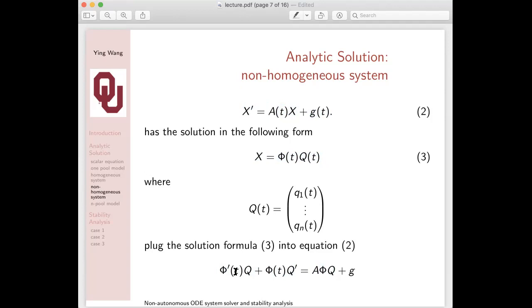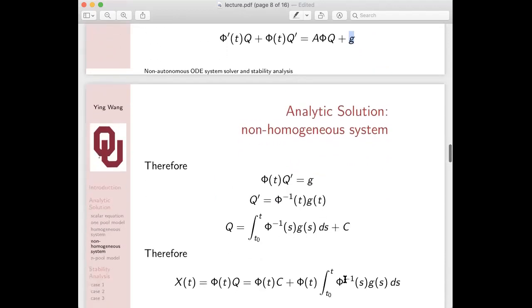And now, remember we said that since phi is a fundamental matrix, therefore phi satisfies the homogeneous equation x prime is equal to A times x, meaning phi prime is equal to A times phi. Therefore, this term is equal to this term. So the first term on the left-hand side can cancel with the first term on the right-hand side. Therefore, the second term on the left-hand side is equal to the second term on the right-hand side. That's our starting point here.